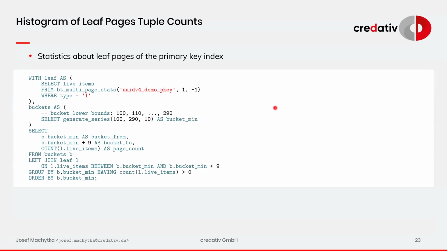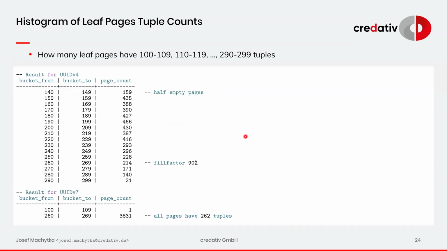We can also try a histogram to show it better. So here is a histogram with buckets by 10 from 100 to 299. And when we calculate it and show only those buckets which contain values, the index for UUID version 7 is very nice.